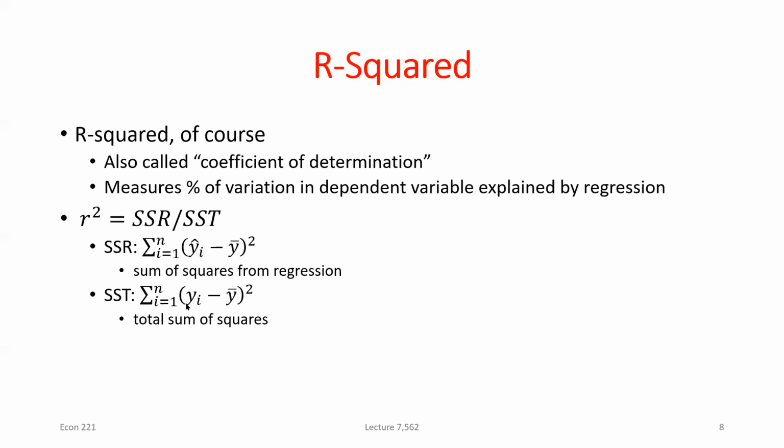Now, my actual y values are going to be a little bit different than my predictions. We said the difference between them was that error term. So the ratio of the variation in my predictions to the variation in the actual y values tells me how much of that variation in y I'm explaining with my x variables, or explaining with my predictions, if you want to think about it that way.